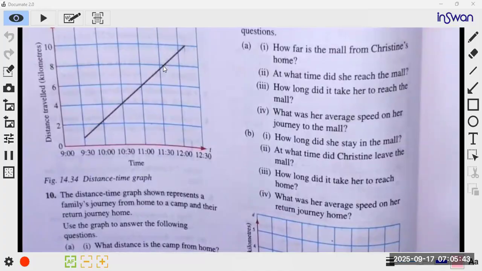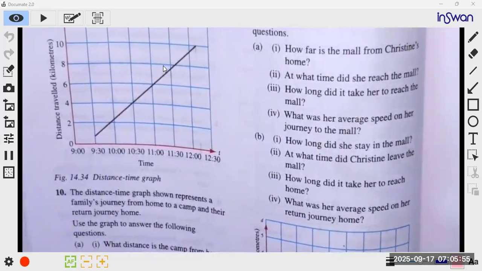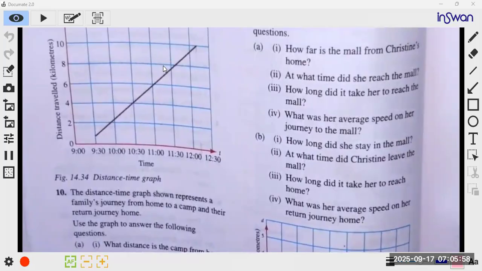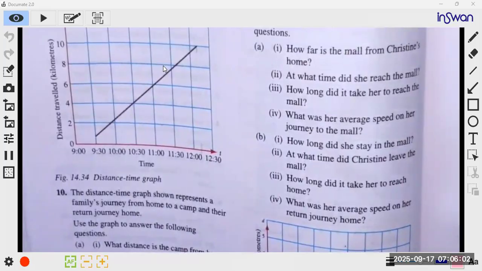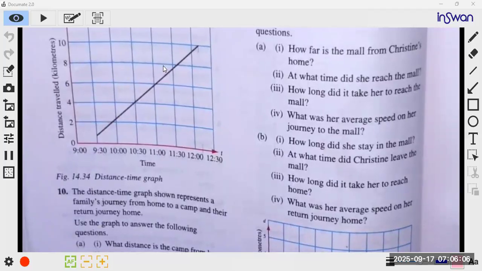But you said for the second half, would it be like 8 minus 4, and then minus 1? Very good. So it won't be really 8. In the second half, it looks like 4, but it is really 3.